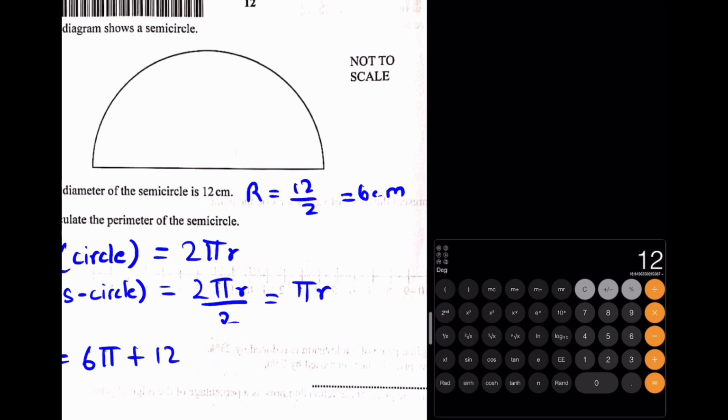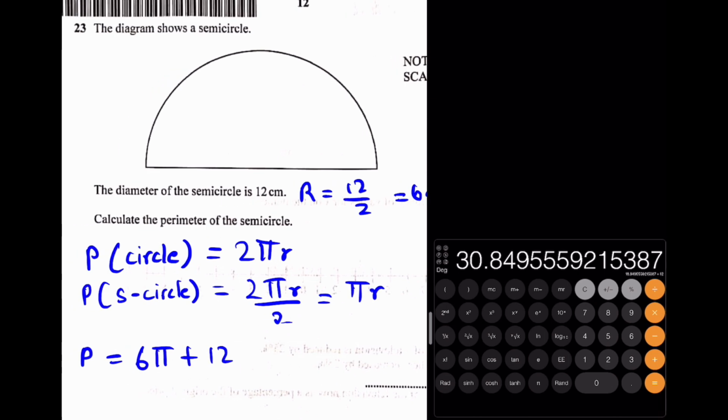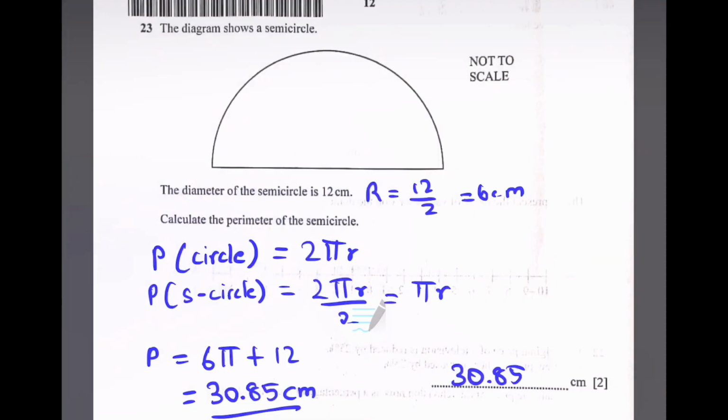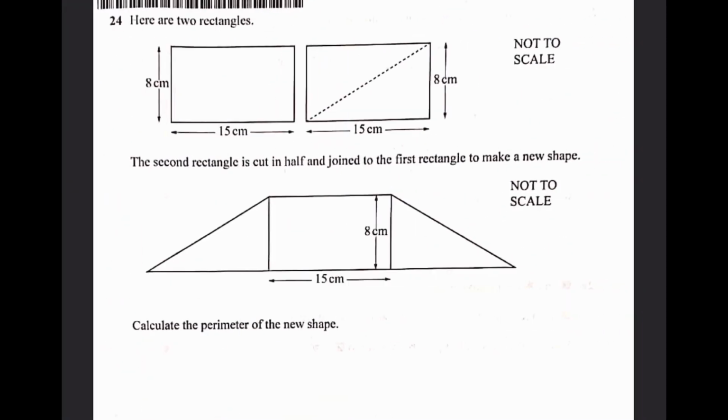Add 12, 30.849558 and so on. That we can write to 2 decimal places, so 30.85 centimeters. That's the answer, 30.85. Let's move on to question 24.